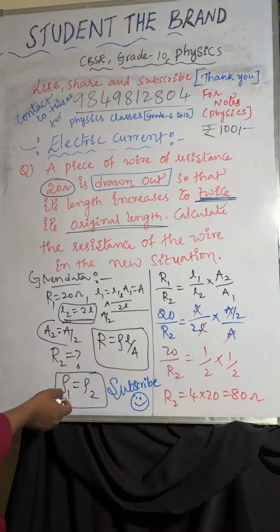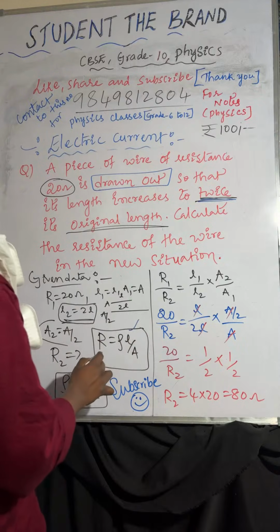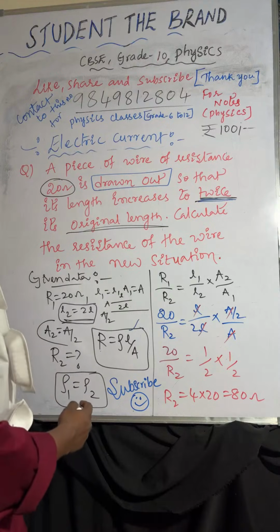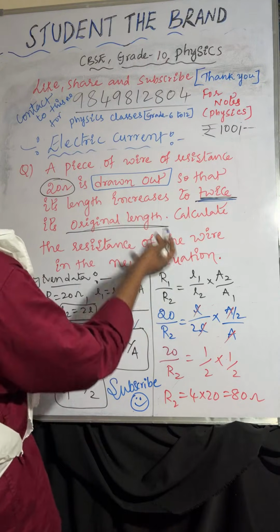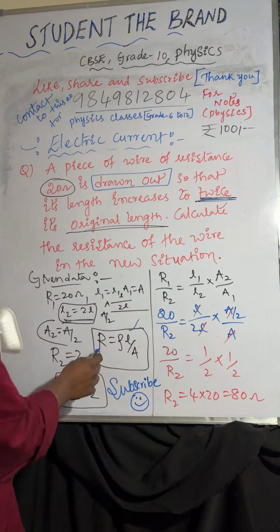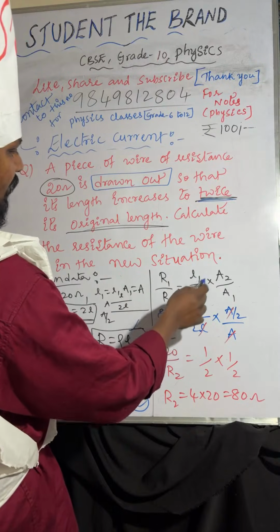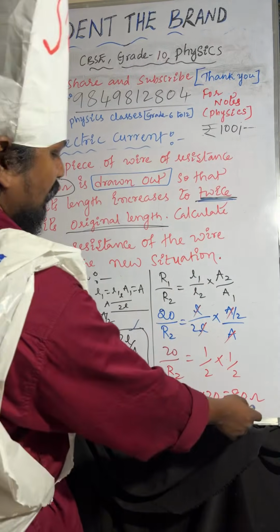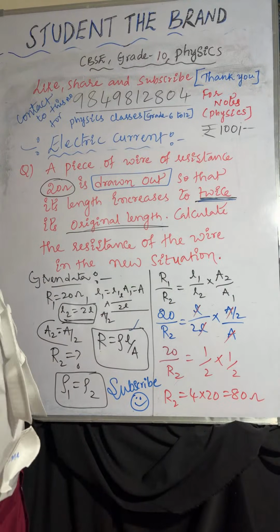So R2 we have to find out. The normal formula is R equal to rho into L by A. Rho is the same because it is the same material, the material is not changing. So R1 by R2 equal to L1 by L2 into A2 by A1. Then if you substitute the values, you will get R2 equal to 80 ohm, right?